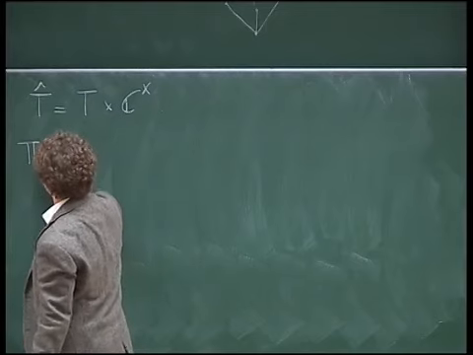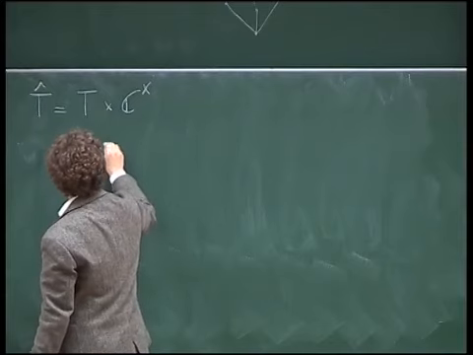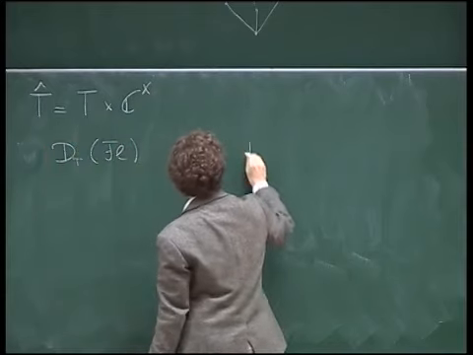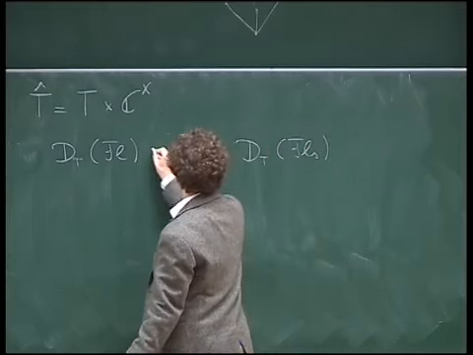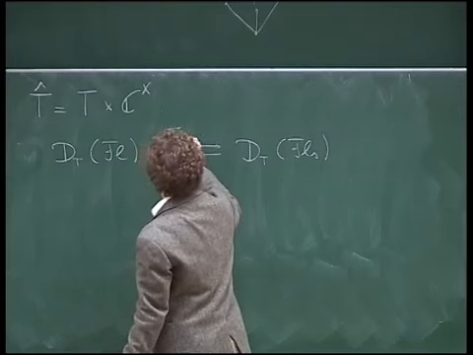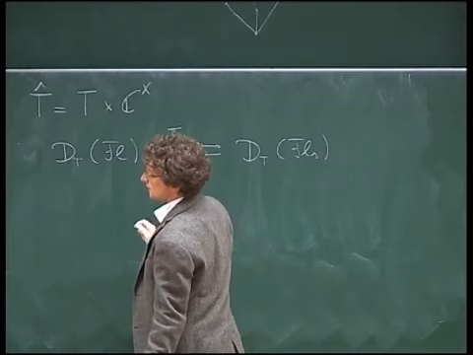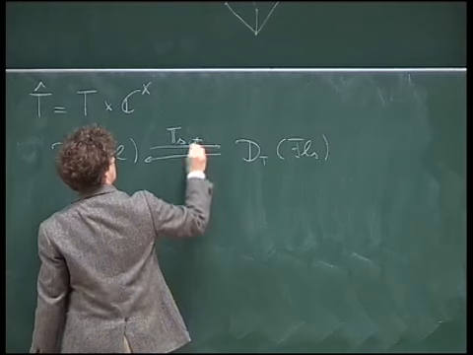In this situation, we can define the equivariant derived category of these two spaces. And we have two maps. So the push forward, let's call this pi s. And the pullback.